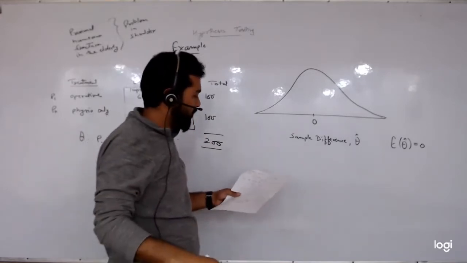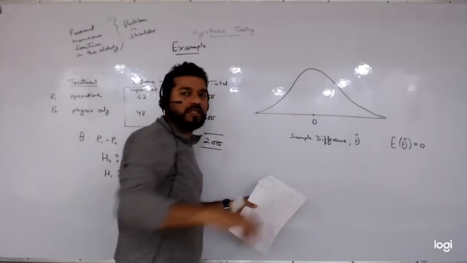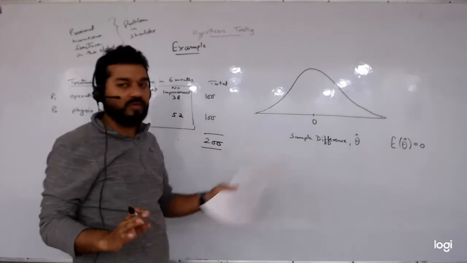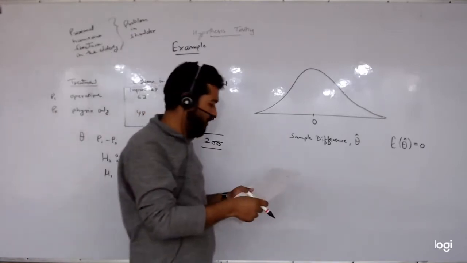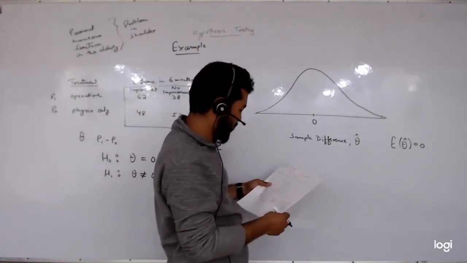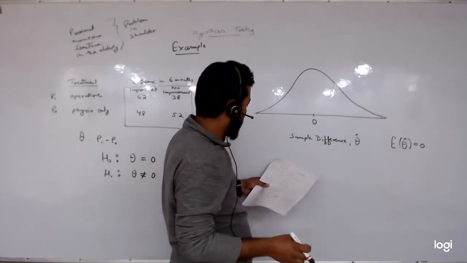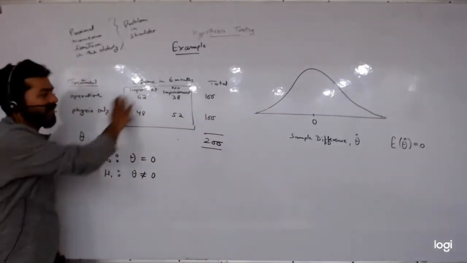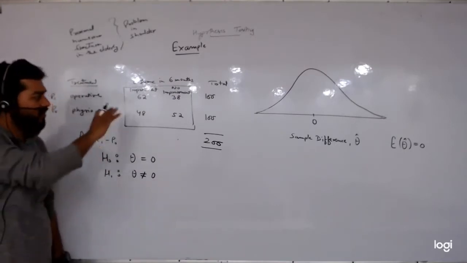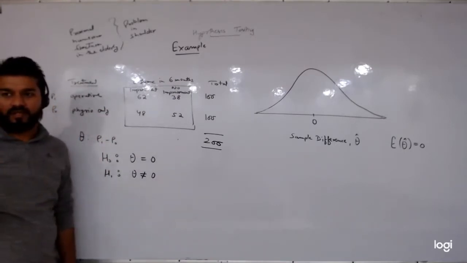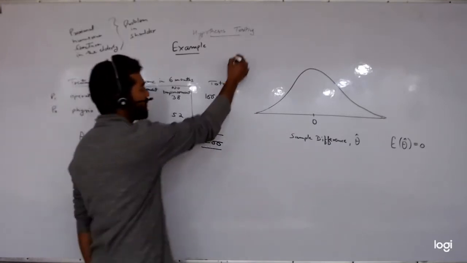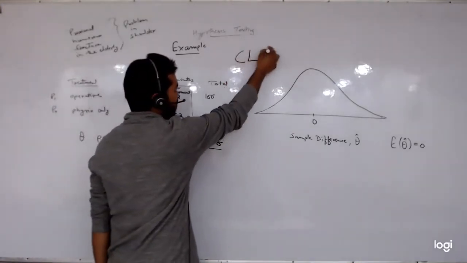Now, I've just drawn this as a normal distribution, but I've not proved until now how this would be a normal distribution. Let me just tell you, until the time we have such data, this is going to follow binomial. And statisticians love CLT.